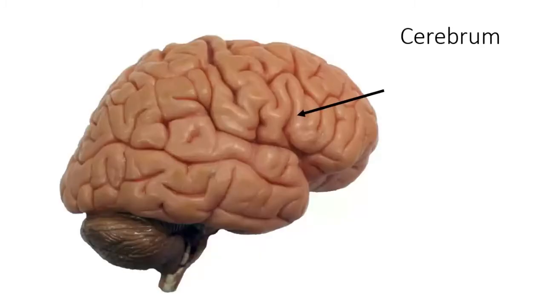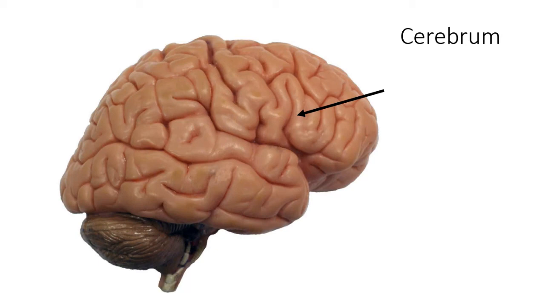All right, so if you want to bust out your models or your atlas, we're going to go through the anatomical structures of the brain. Okay, so let's start off with the first region of the brain that we talked about tonight, the cerebrum.